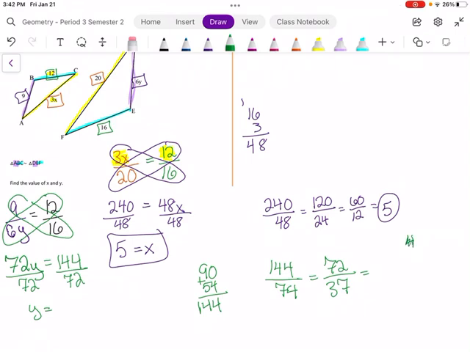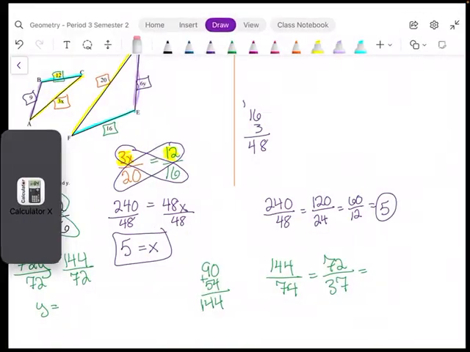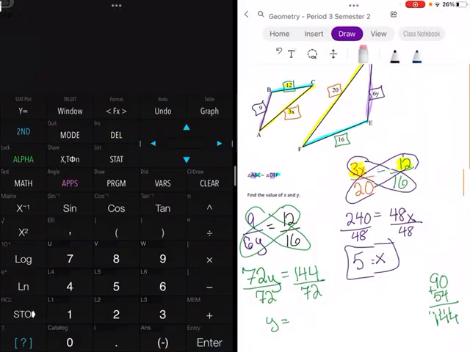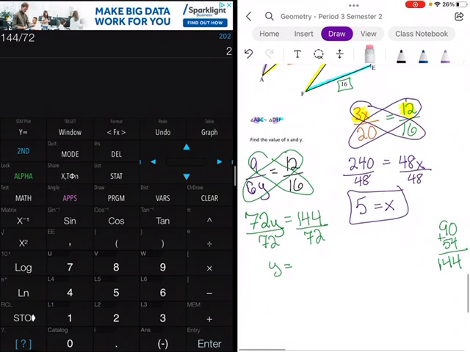Let's see if we divide them both by, not divisible by 4. Let's just use a calculator. It's the end of the day and my brain's not working. There we go. So we're just going to do 144 divided by 72. That makes sense. It is 2, which gives us our final answer for this.